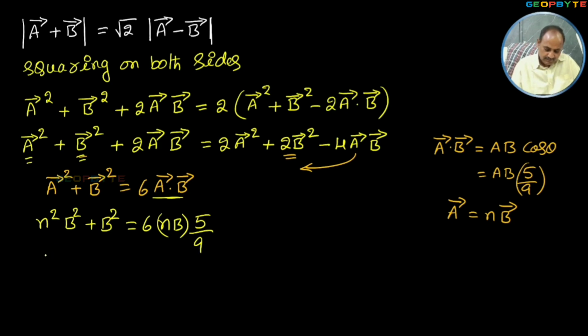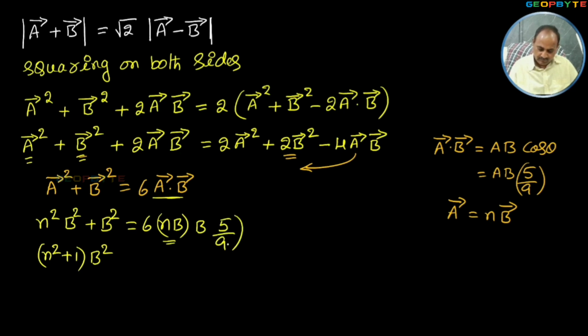Now here it is n square plus 1, writing the B square outside, is equal to 6. One quantity is missing here. This is the A value, only. This is the A value into B into 5 by 9.